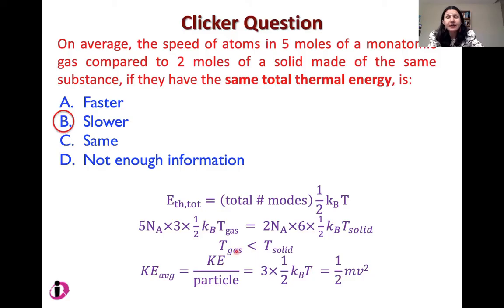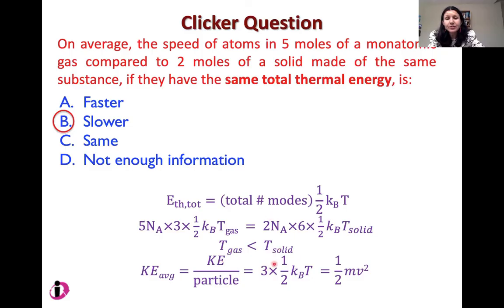But imagine that instead we were comparing a gas with very heavy atoms compared to a solid with lighter ones. Actually, let's say the gas particles were light and the solid ones are heavy.